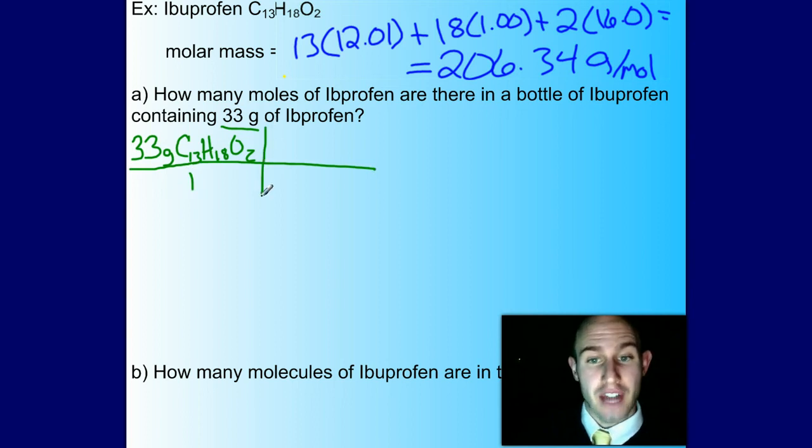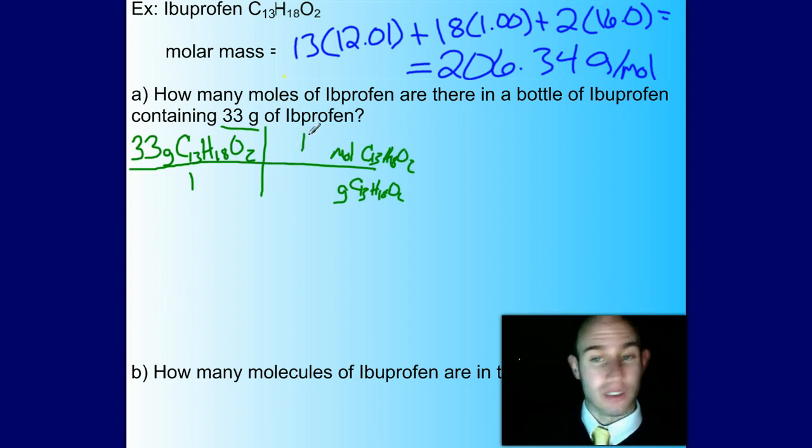Set up your train tracks, or railroad tracks, and I have grams up here. I'm going to put grams down here, and it's the exact same thing, C13H18O2. And I'm trying to get to moles of C13H18O2, because I'm going from grams to moles.